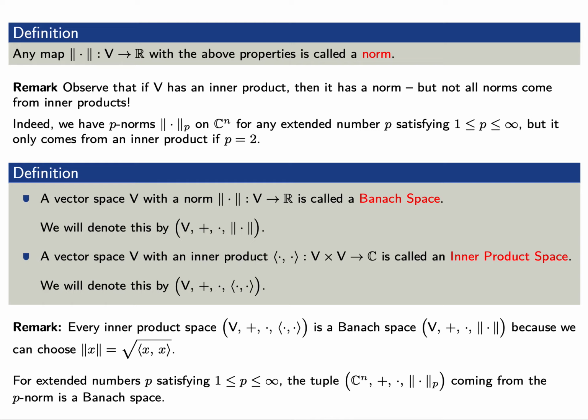We should point out that there are lots and lots of examples of Banach spaces. Indeed, for any extended real number p between 1 and infinity, we can use our p-norm to define a Banach space. Again, for this class, we won't focus on Banach spaces very much, but we will focus on inner product spaces quite a bit.